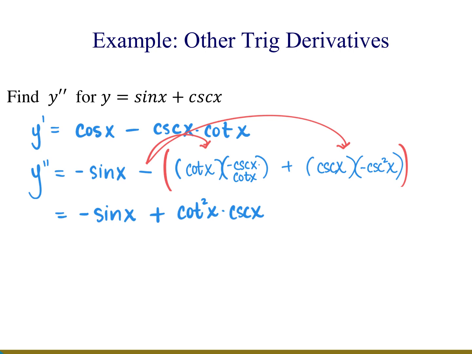And then again, when I distribute my negative and I encounter another negative, there's another positive there, and this results as cosecant cubed x. Now there is nothing common with any of that. There's nothing that I can factor out. There's nothing I could simplify. I'm really just stuck with it the way it is.